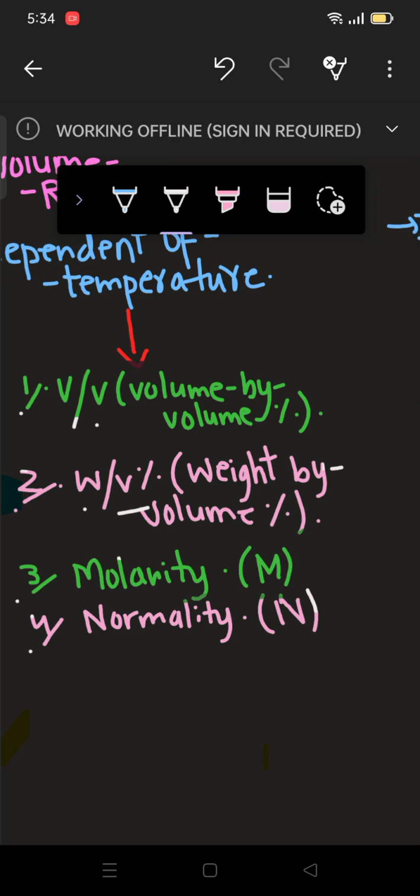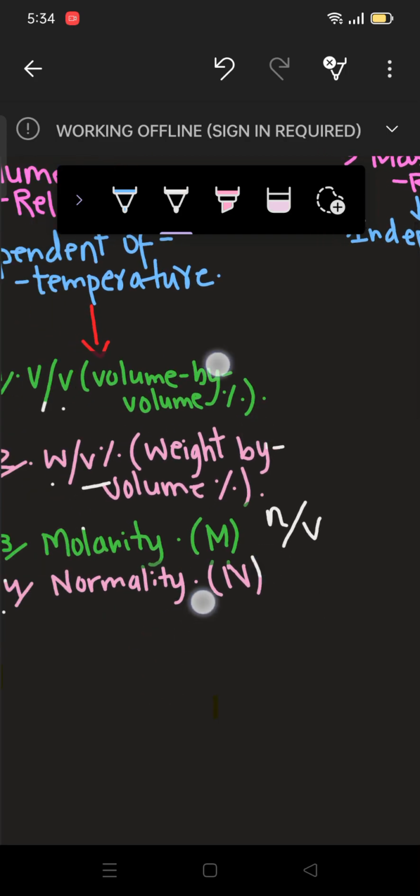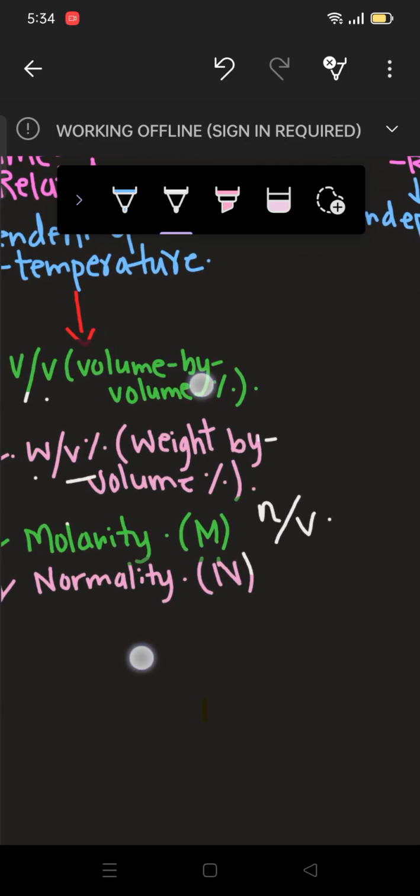Molarity, if you look at the formula of molarity, of course we're going to deep dive into it, but this is for your understanding only. I'm telling you now, molarity is basically number of moles per unit volume. So here you can find volume too.